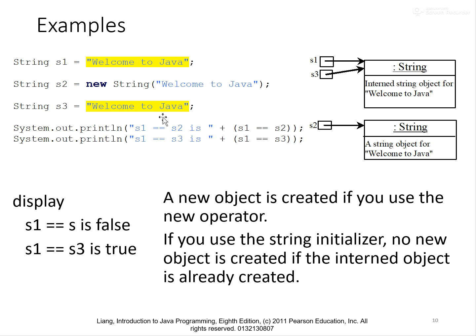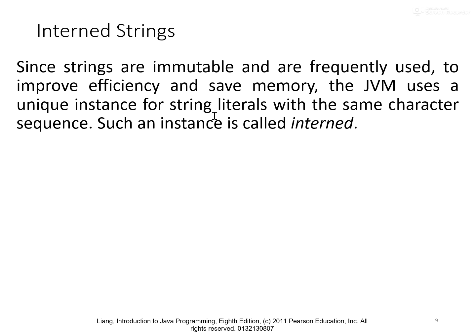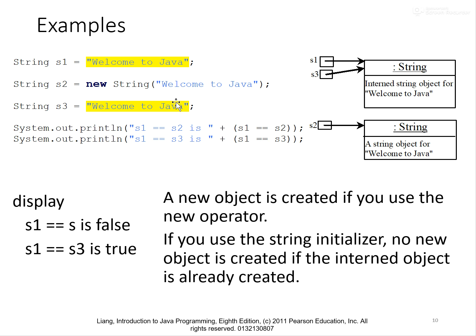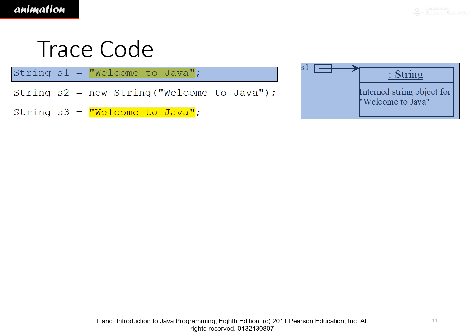Now, what happens in Java, in the interest of saving memory, is that the JVM, when you do this, looks for any pre-existing string object that contains this text. S1 is created, we have one object.